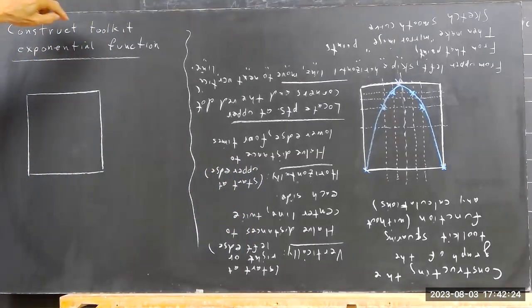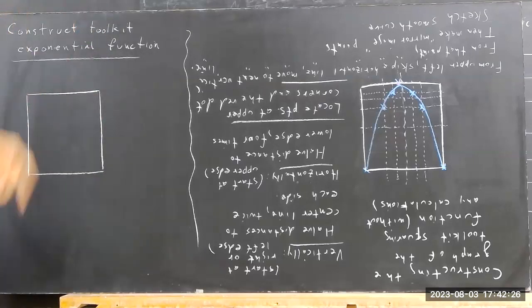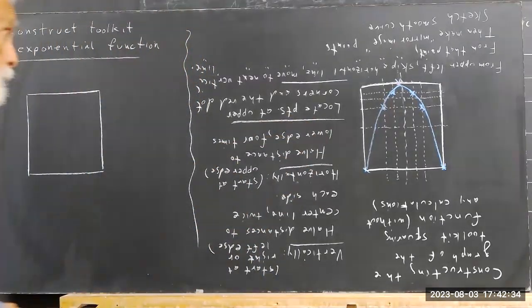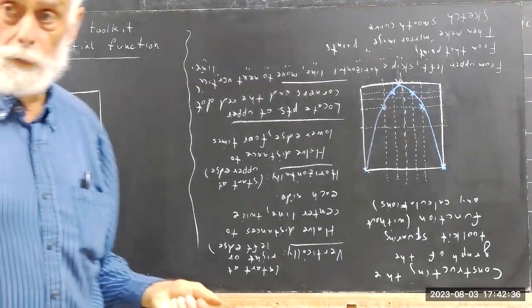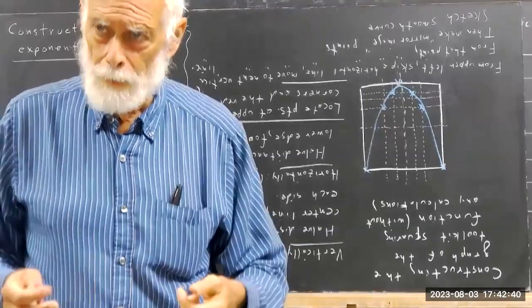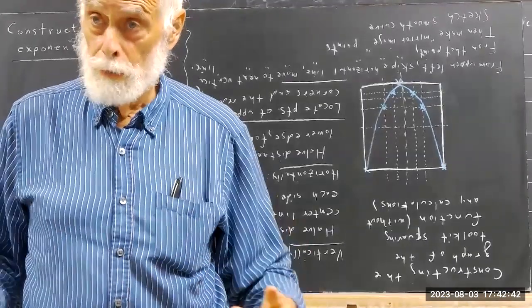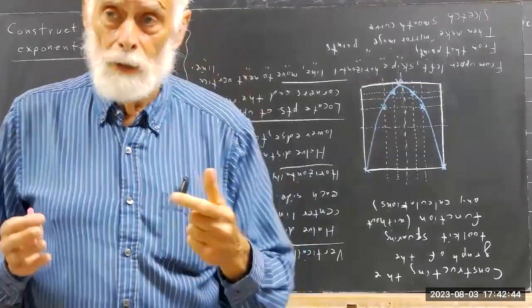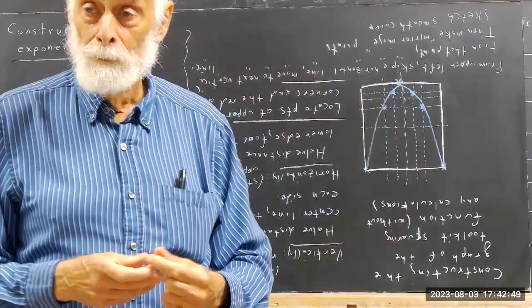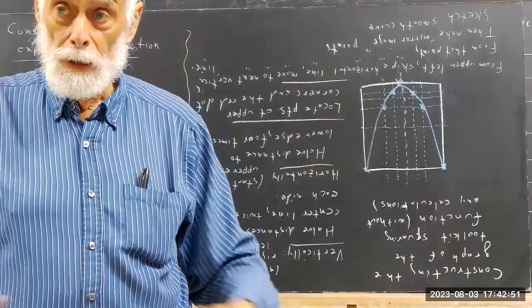So we want to construct a graph of the toolkit exponential function. We're going to use almost exactly the same construction that we used for the toolkit squaring function. I really recommend that if you haven't practiced the toolkit squaring function a couple of times, you practice until you can do it without looking at my pictures and directions.